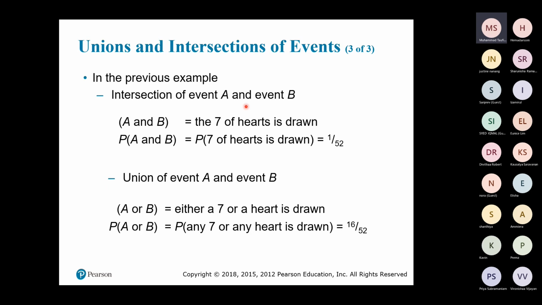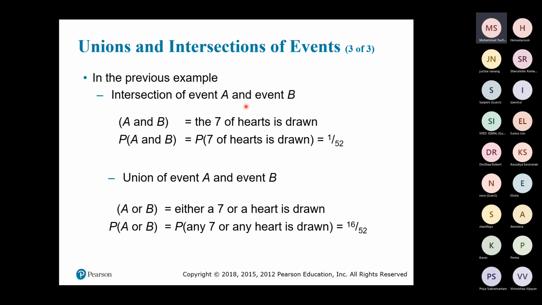So we only have one outcome, and then we divide it by the total number of cards in the deck, which is 52. Then the probability for you to pull a card of 7 and at the same time the card is a heart is 1 out of 52 cards, meaning that only one card is the 7 of hearts.